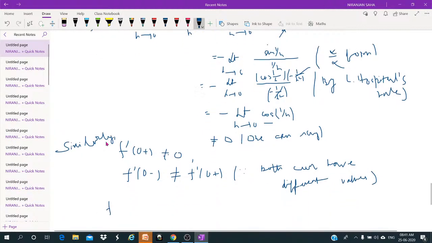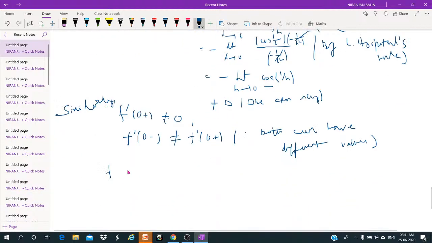I mean that if it is not differentiable, the left hand limit does not exist and the right hand limit also does not exist. The limit does not exist.